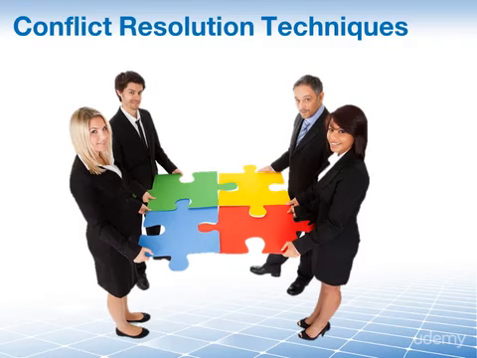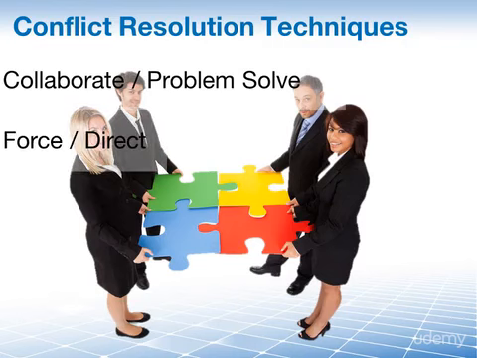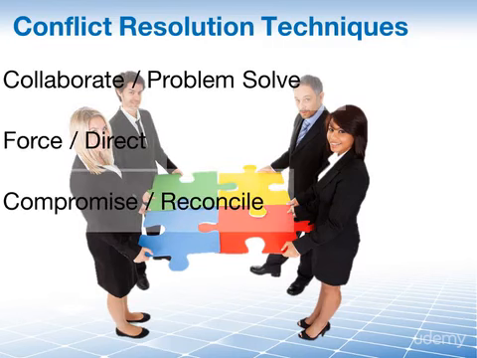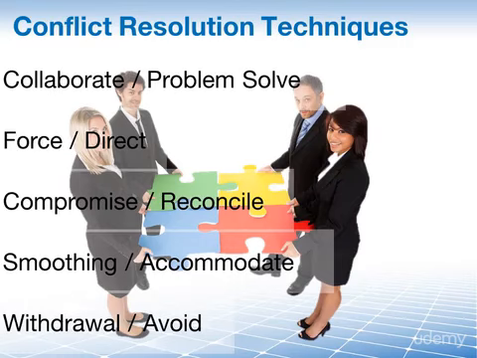Well, they are collaborate or problem solving, forcing or directing, compromising and reconciling, smoothing and accommodating, and finally withdrawal or avoiding. We look at them in greater detail in the human resources lesson. Nevertheless, you are going to have to employ your people skills, interpersonal skills, and conflict management skills in order to accomplish your project's objectives.